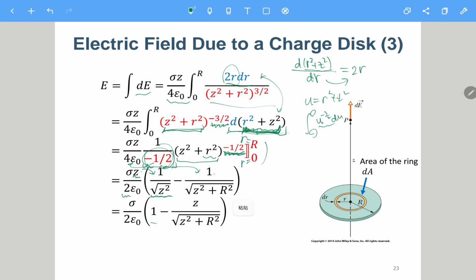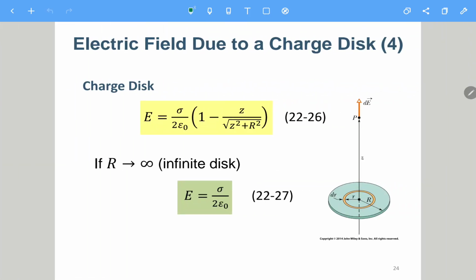And then c goes to the numerator, so it goes to here. So finally, this is the expression of the E field generated by a charged disk. It looks quite complicated, but at least we know this is the expression of the E field generated by a charged disk.